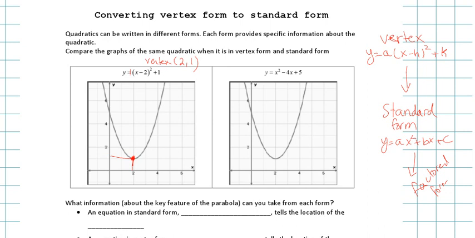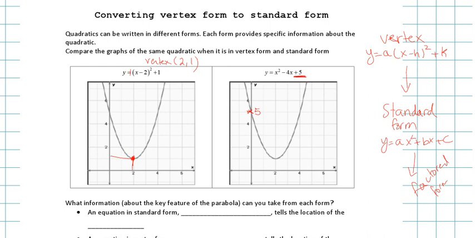Now, if I'm looking at the standard form and I'm looking at my graph, what information from the graph matches the information in the standard form without doing any math? The y-intercept. So what's my y-intercept here? 5. And what part of the equation does it match? The plus 5. So it's the last number, right? So if I'm looking at my standard form, it matches the c.